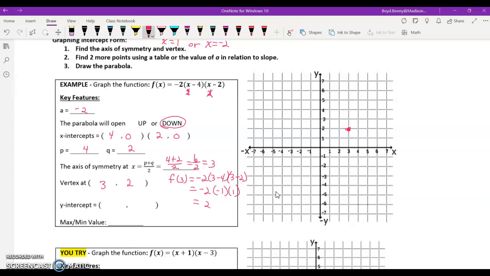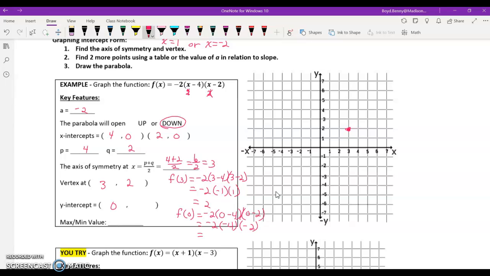My y-intercept, again, starts with a 0, as always. I'm going to plug in f of 0 to find the y part. Negative 2 times 0 minus 4 times 0 minus 2. Okay, that's going to be negative 2 times negative 4 times negative 2.